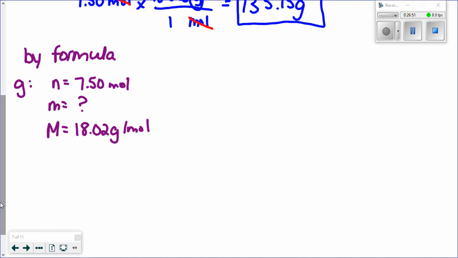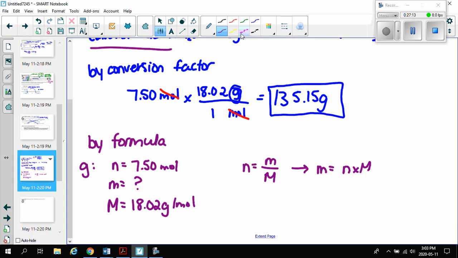So by formula, the formula is number of moles equals mass divided by molar mass. But I'm looking for my mass. So mass equals number of moles multiplied by molar mass. What I've done there is rearrange this to solve for mass by multiplying both sides by uppercase M.